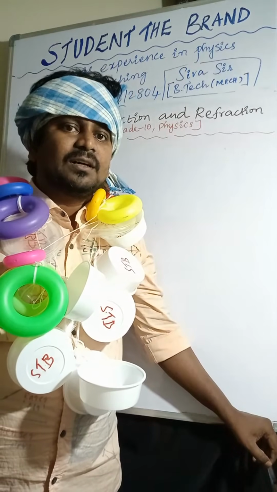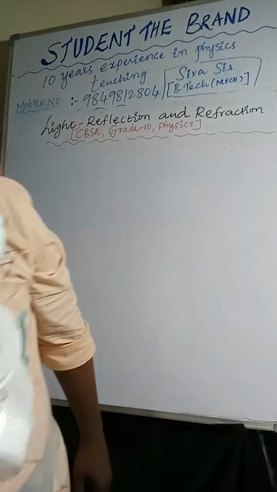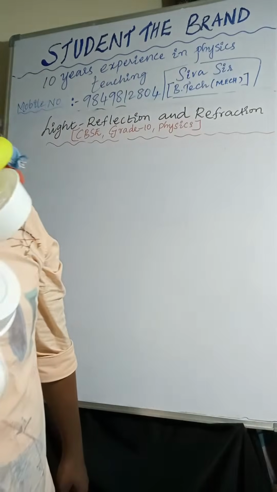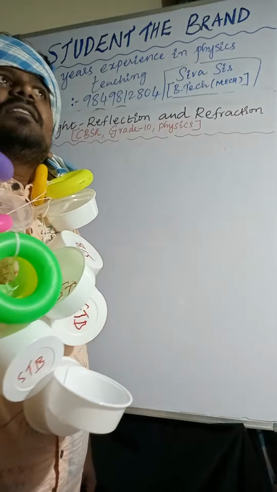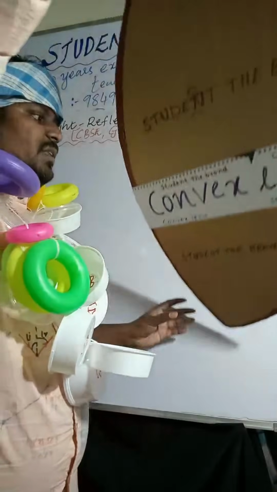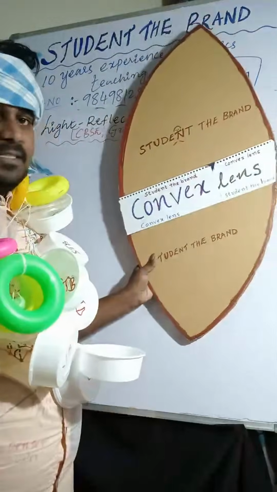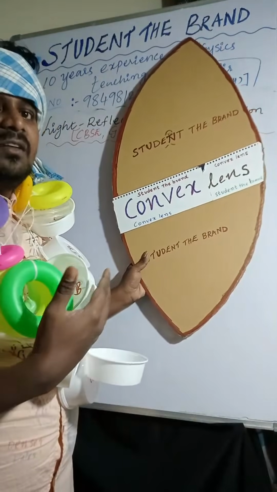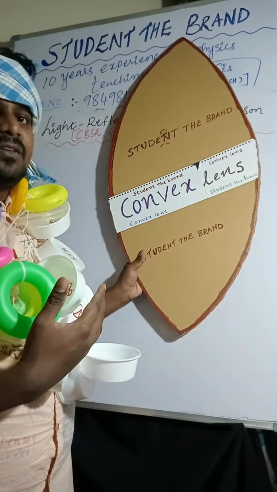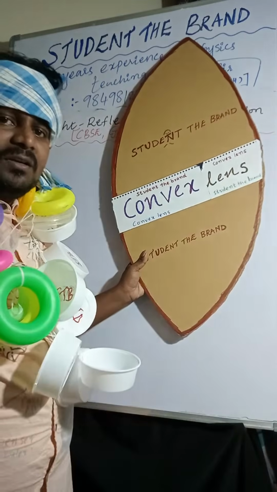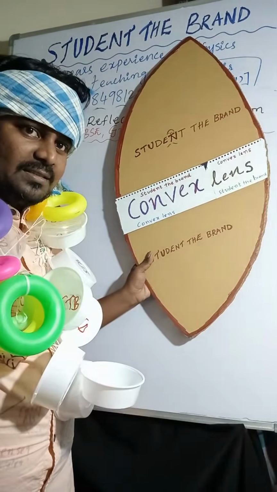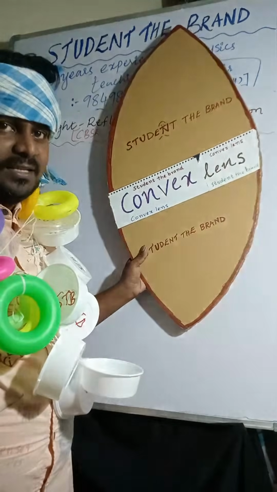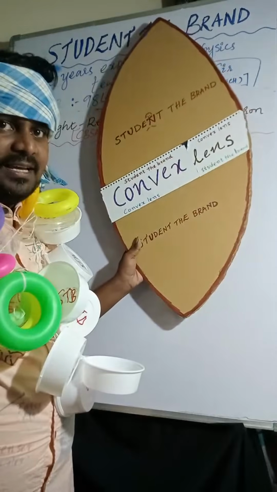I'll show you the convex lens. This is the convex lens, right? You want to see the concave lens? So this is the convex lens.